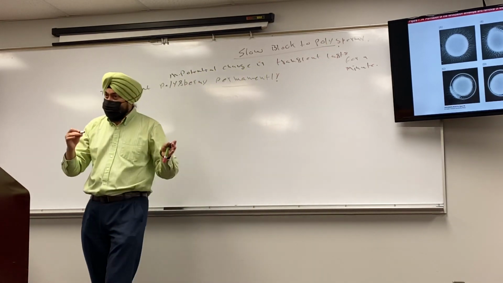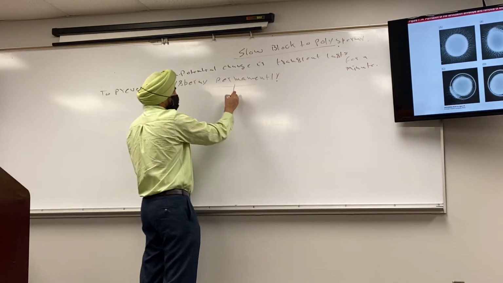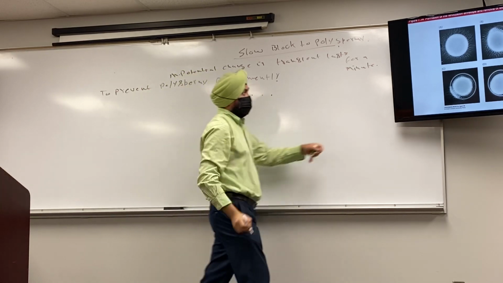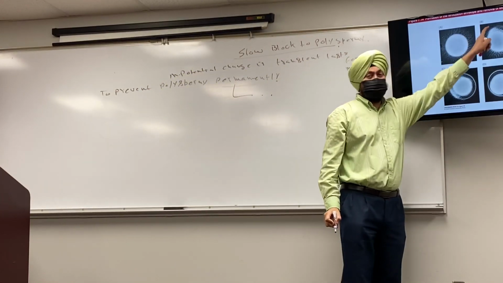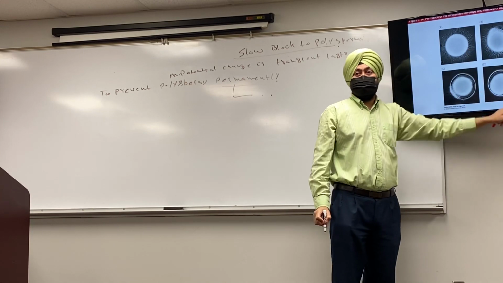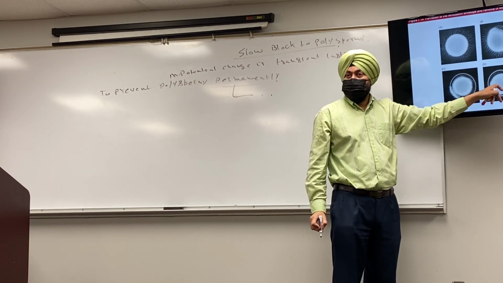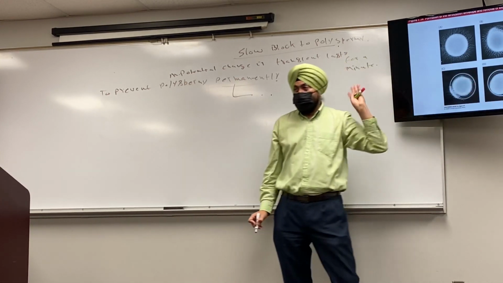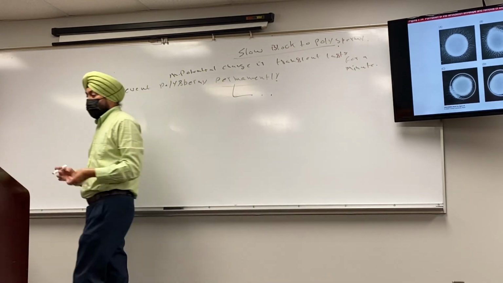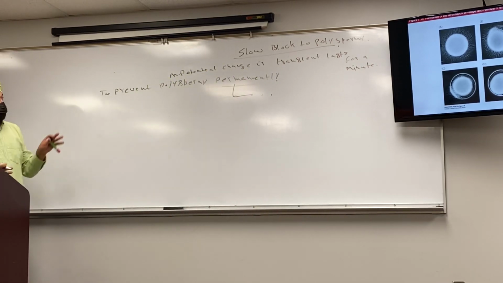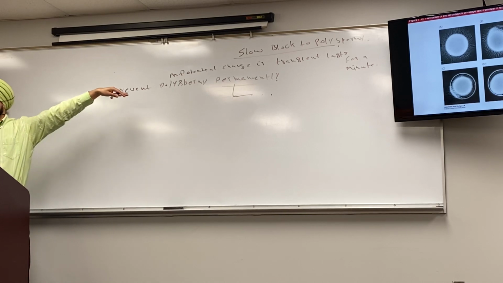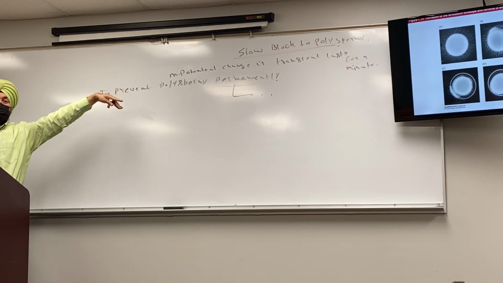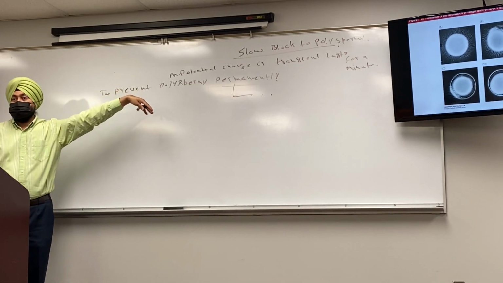So what is the purpose here? Permanently means you want to remove all those sperm which are attached to the vitelline envelope. You need a mechanism which can permanently remove these sperm from the egg, so that they cannot reach the egg membrane.